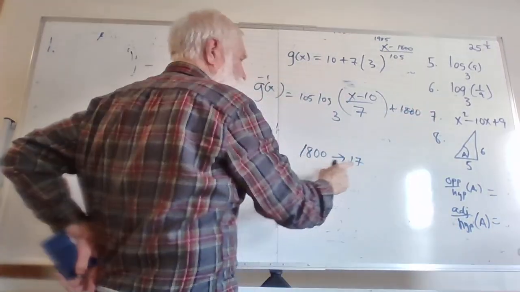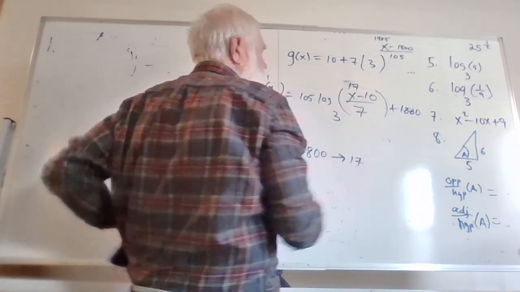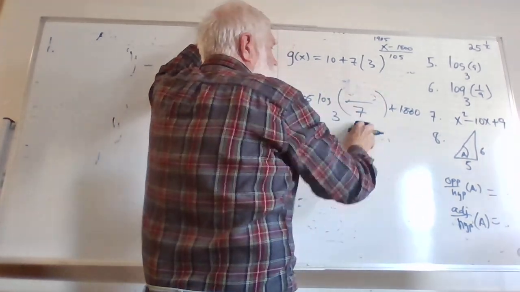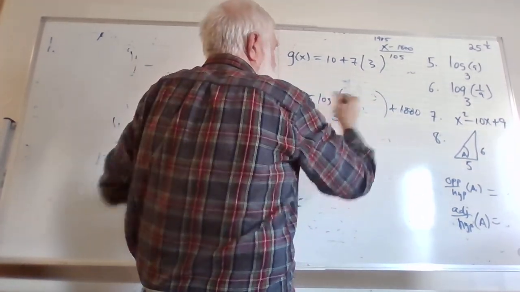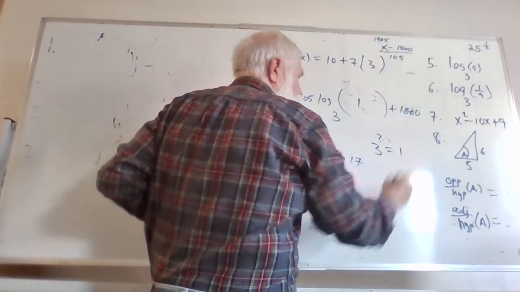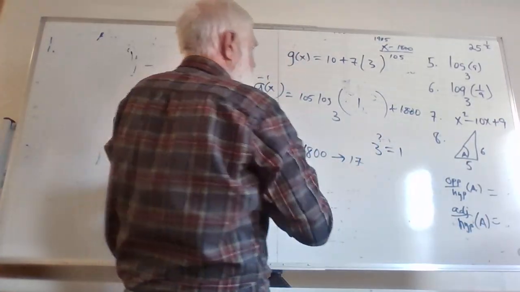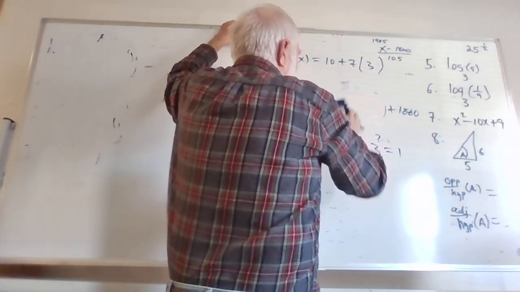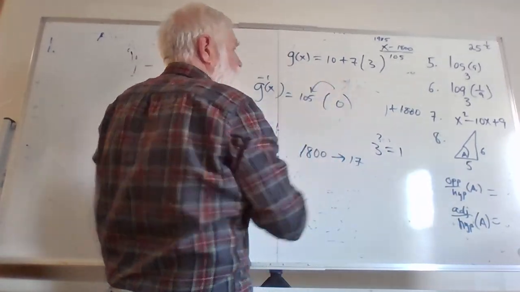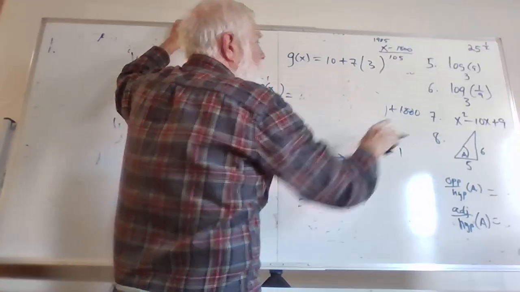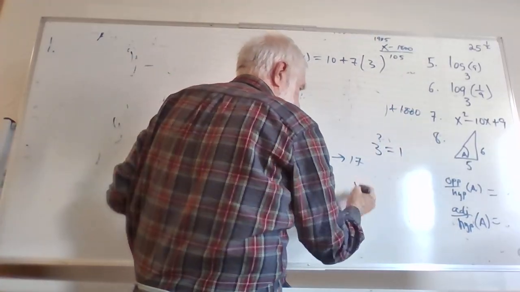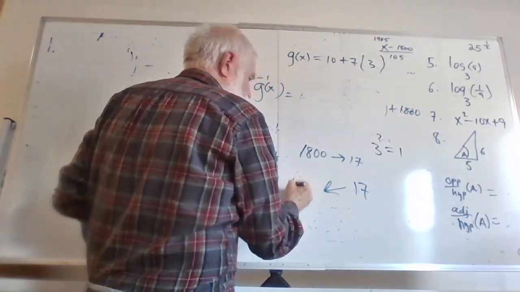Now we're going to drop 17. 17 minus 10 is 7. 7 divided by 7 is 1. What do you put on top of a 3 to get the number 1? That's 0. 0 times 105 is 0. And now we got ourselves 1800. We started with 17. And you're back to 1800.